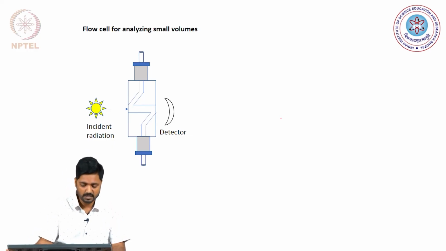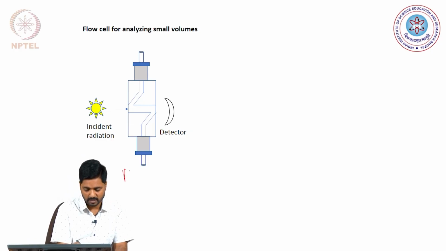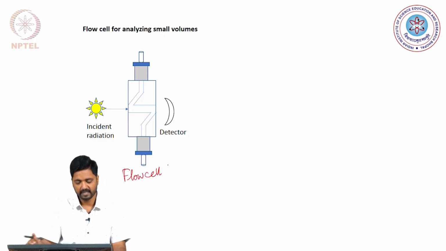So, this is a typical flow cell that can be utilized for detecting the presence of the analyte using say a UV visible detector.